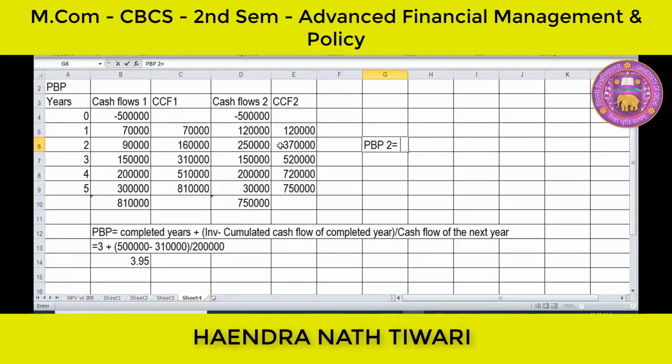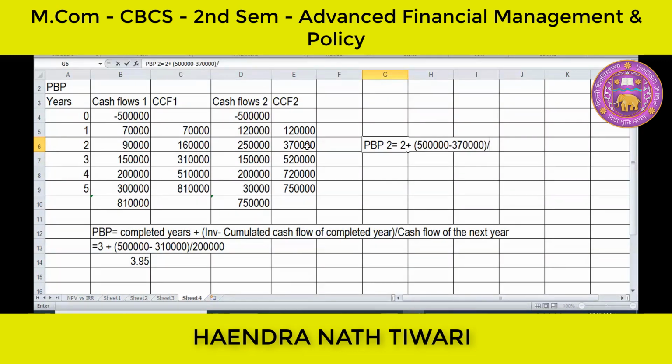Now for project 2, the completed number of years will be 2 because in the 3rd year the amount is going up beyond 5,20,000. So the total number of years that I need to wait for completing is 2 years. So it's 2 plus. How much is the investment amount? 5 lakhs. How much is accumulated in 2 years? 3,70,000.